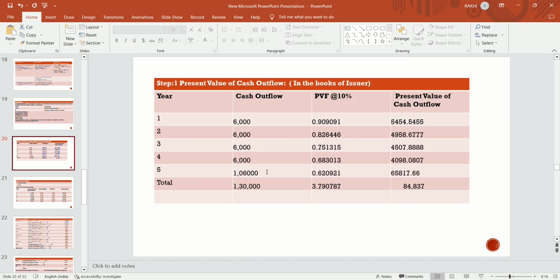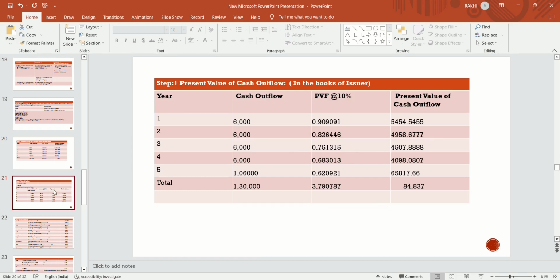So it should be discounted at the present value factor at the rate of 10%. The present value of the cash outflow for that is 84,837.